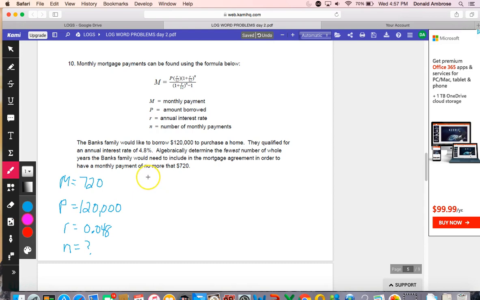So we have that M, which again is 720, is going to equal P, which is 120,000, times R over 12. R is the 0.048. Again, that's over 12.